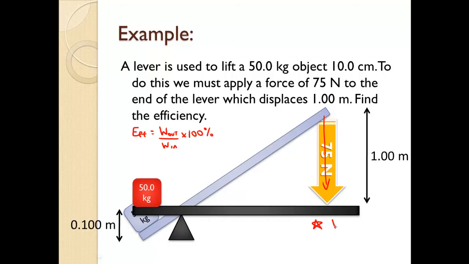You may recall again that work is equal to the force applied times the distance. We know that the force applied is 75 newtons. And we know that the distance traveled is 1 meter, which gives us a work input of 75 joules.